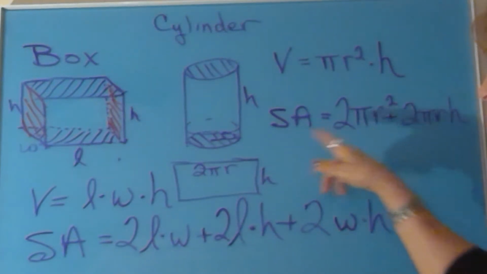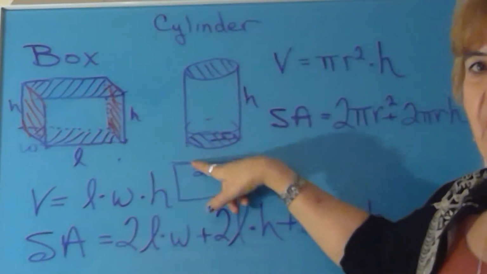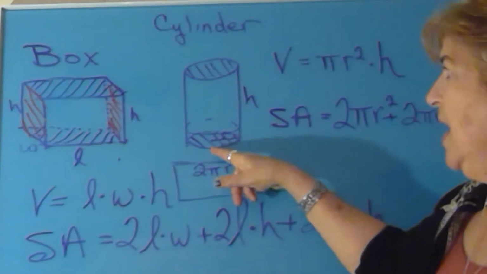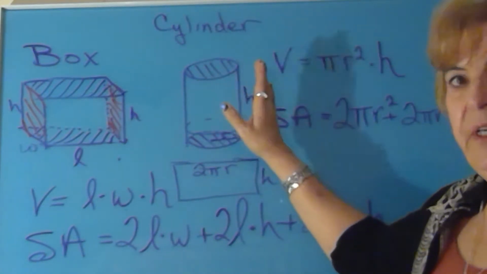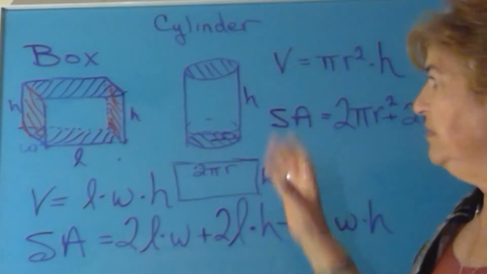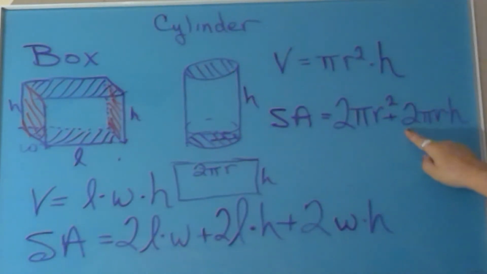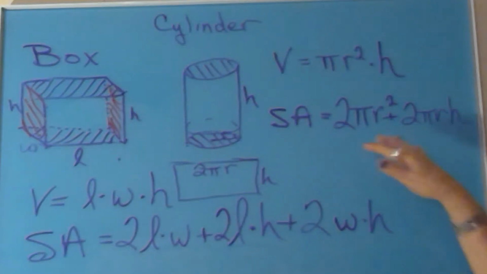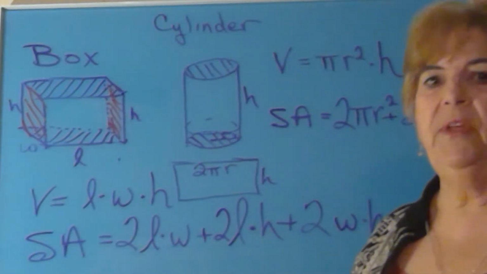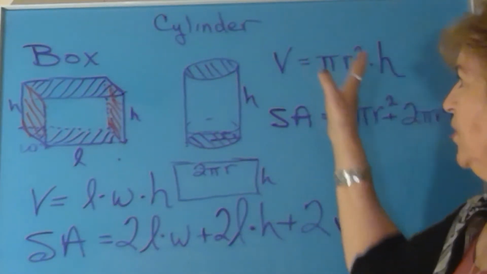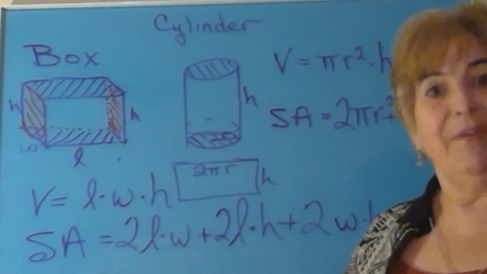It's 2 pi r squared, because that's the top and the bottom, plus the surface area of the sides of the can, which is simply a rectangle that has a length of 2 pi r and a width of h. So that's how you find the volume and the surface area of a cylinder.